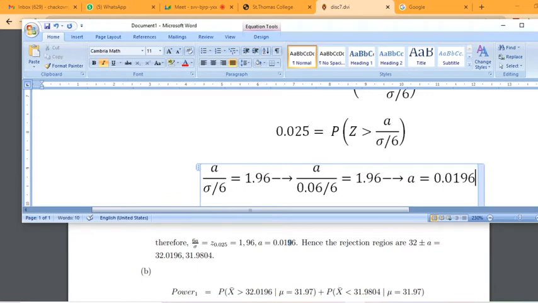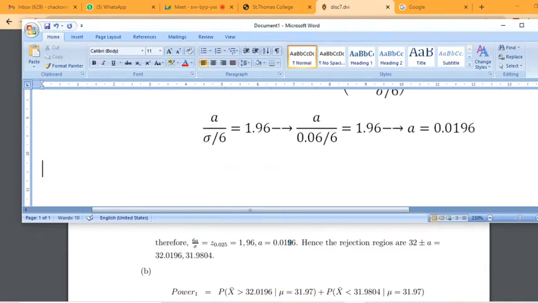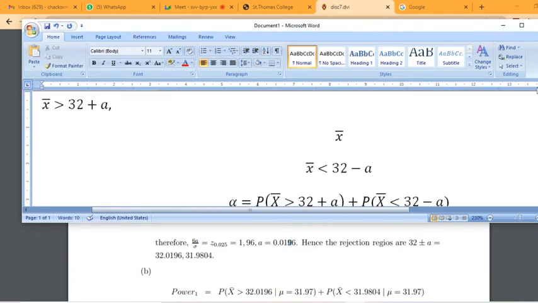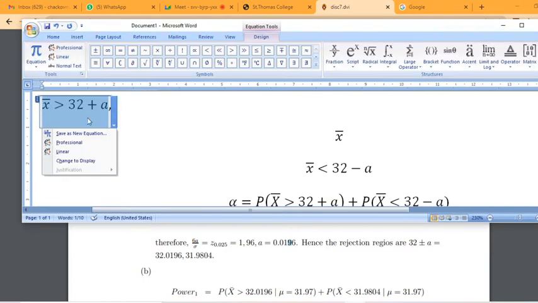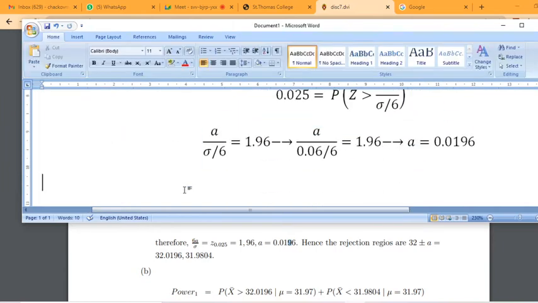You obtain the value of a, and from this we can say what the rejection region will be. What is actually the rejection region? Rejection region is this one, so what will be the rejection region?